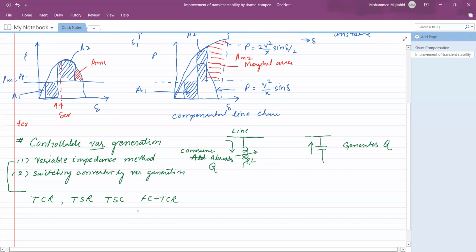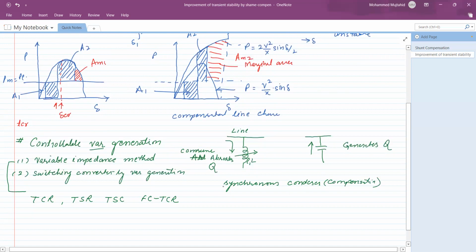These are the methods by which one may vary the impedance of the reactors, inductors and capacitors connected in shunt to the line. In the switching converter type, we are using a synchronous motor as a synchronous condenser or compensator.